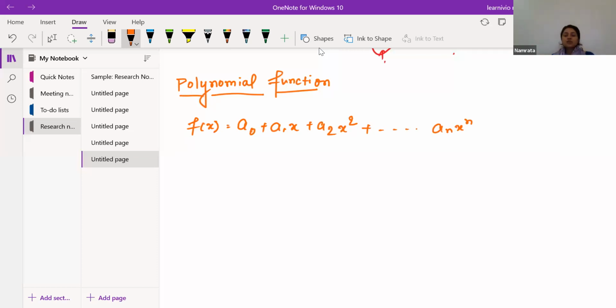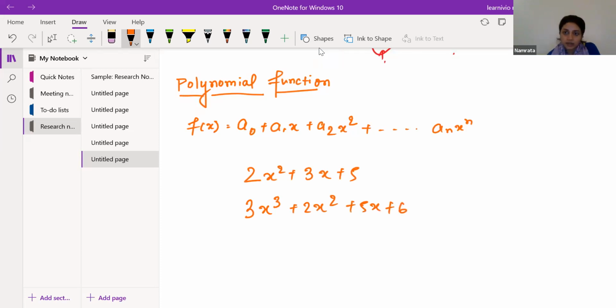This is how the polynomial function will look. You can say 2x^2 + 3x + 5 is a polynomial. You can also say 3x^3 + 2x^2 + 5x + 6 is a polynomial.